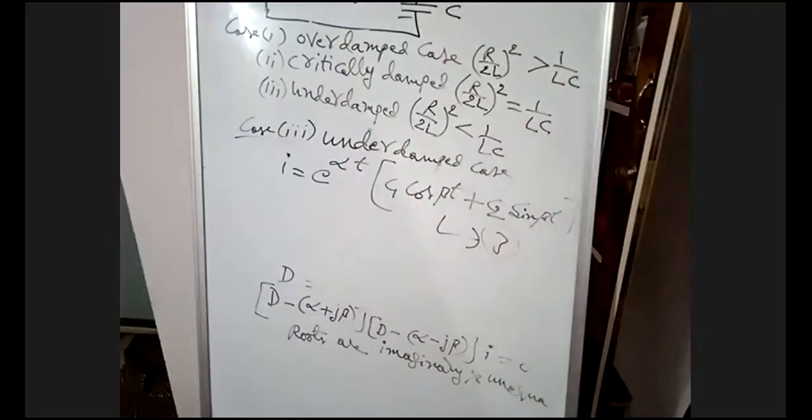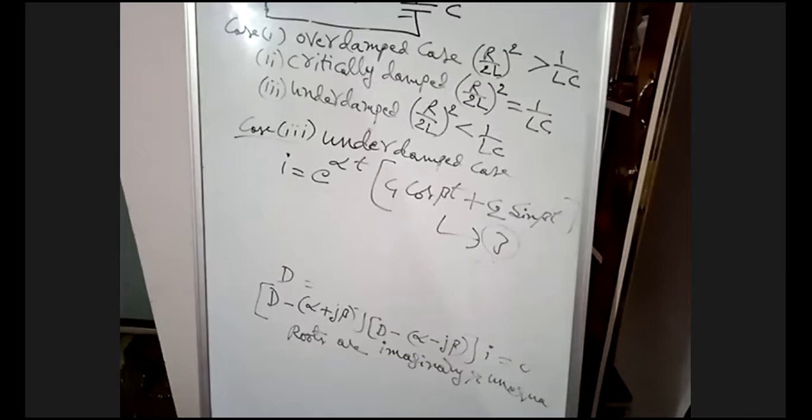So we have determined 3 current equations. In the first case, overdamped case, roots are real and unequal. If roots are real and unequal, then the solution is c1 into e power first root into t plus c2 into e power second root into t. In the second case, roots are real and equal. If roots are real and equal, you will get c1 plus c2 t into e power alpha t, where alpha is the root.